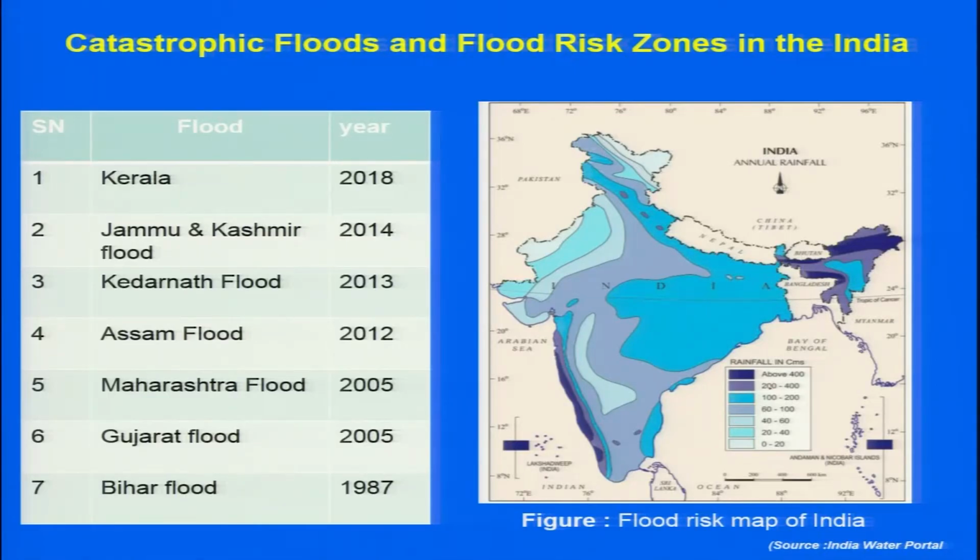So we very well understand what the rainfall pattern in India is. Here we have mainly the northeast region, which sits in the zone of very heavy rainfall, whereas the west coast of India. So what is expected is that most of these regions, where we have rainfall, given in centimeters, of around 100 to 200, will be affected during the monsoon season.